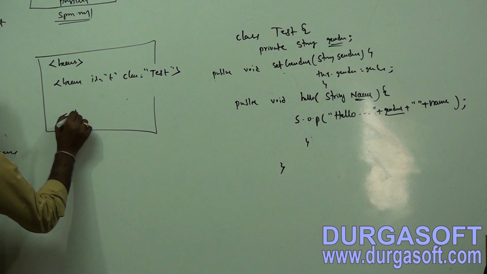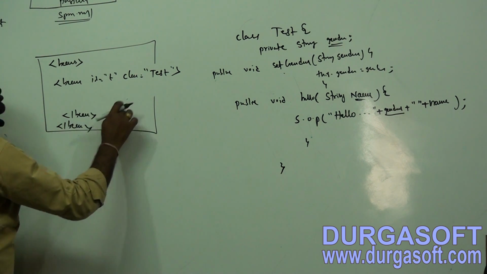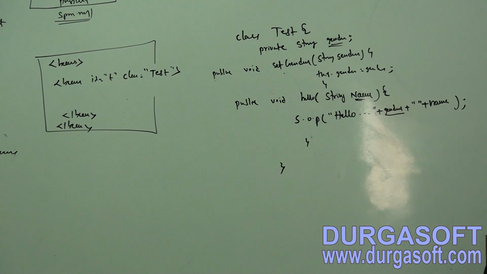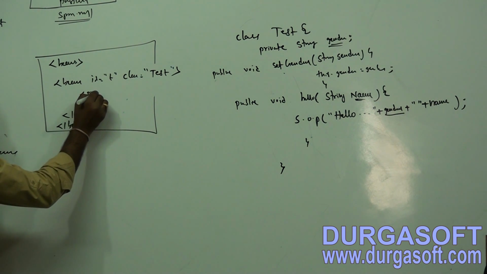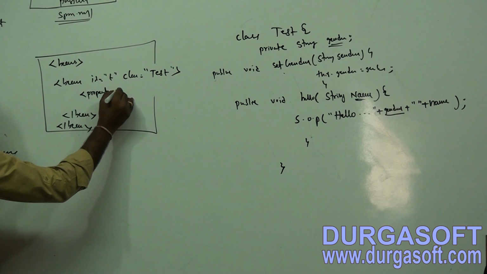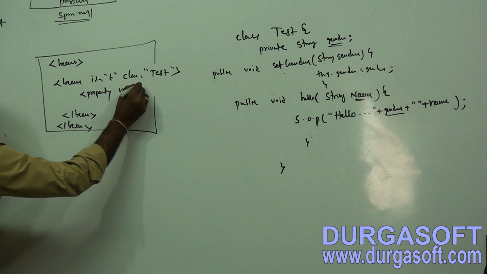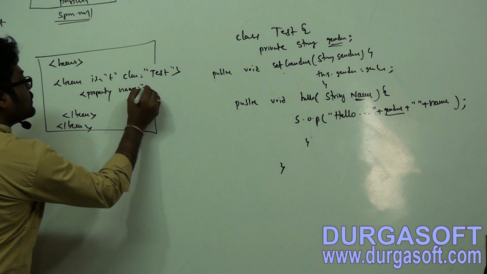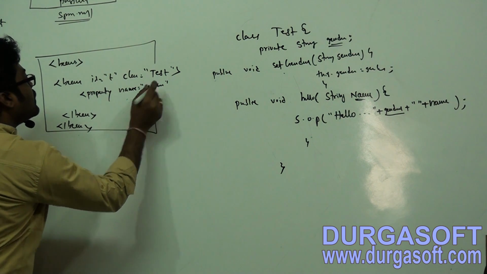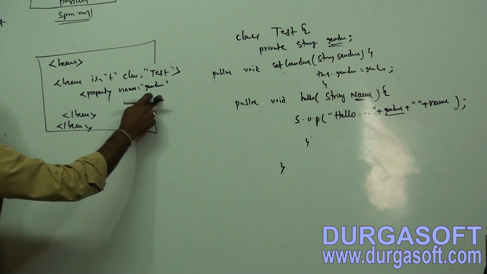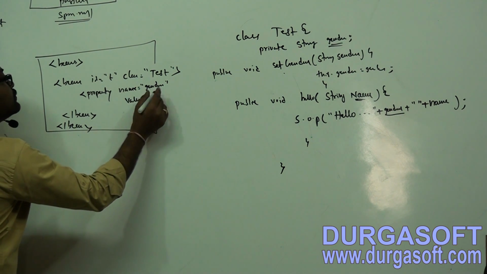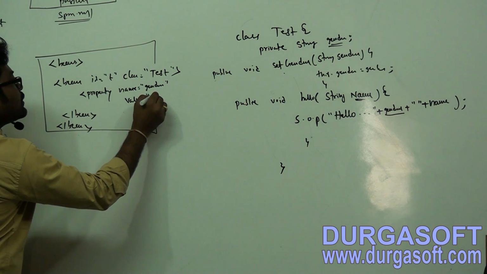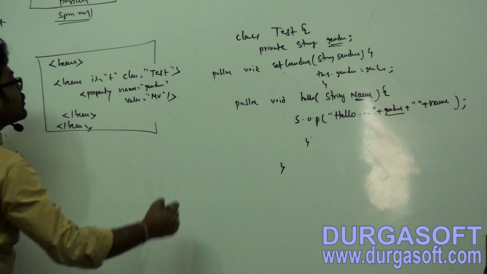In between bean and bean, to call the setter method, they give one child tag, property, name equal to gender, and value, Mr. or Miss, whatever I want to pass from here.